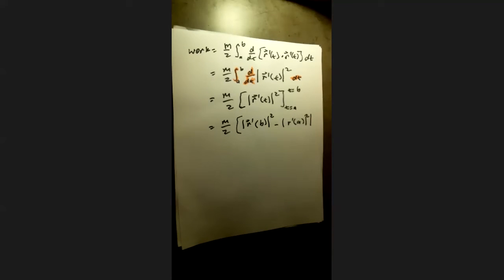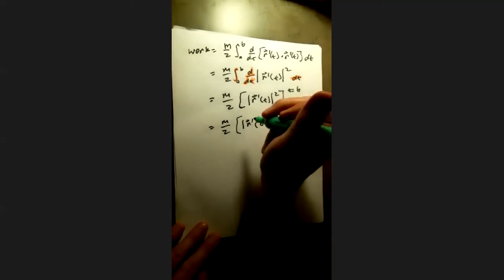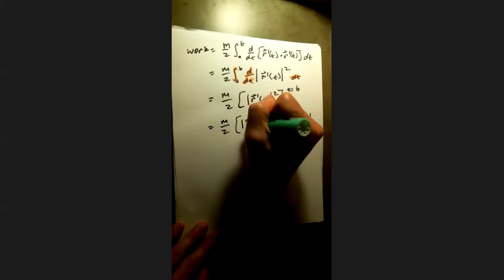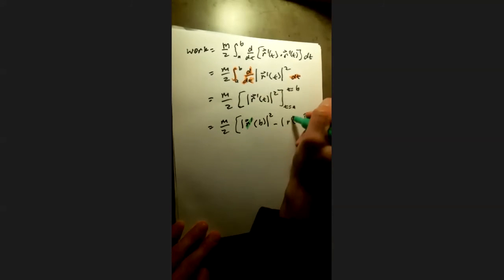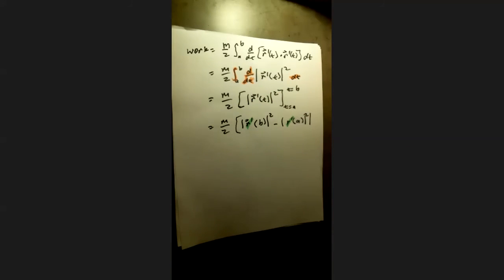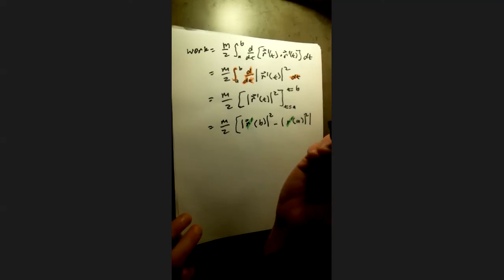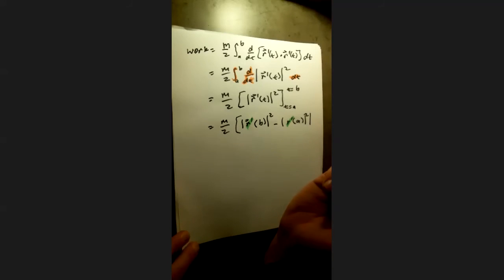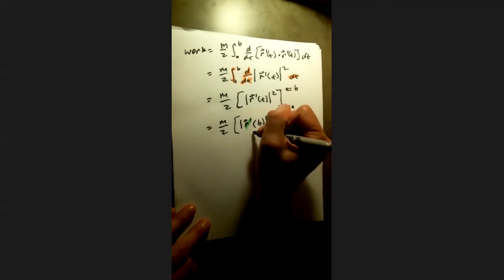Cool, cool. And then we have a whole bunch of R primes. What's another name for R prime? Like, what does R prime give us in terms of an application? It's our velocity. Yeah, this is our velocity.